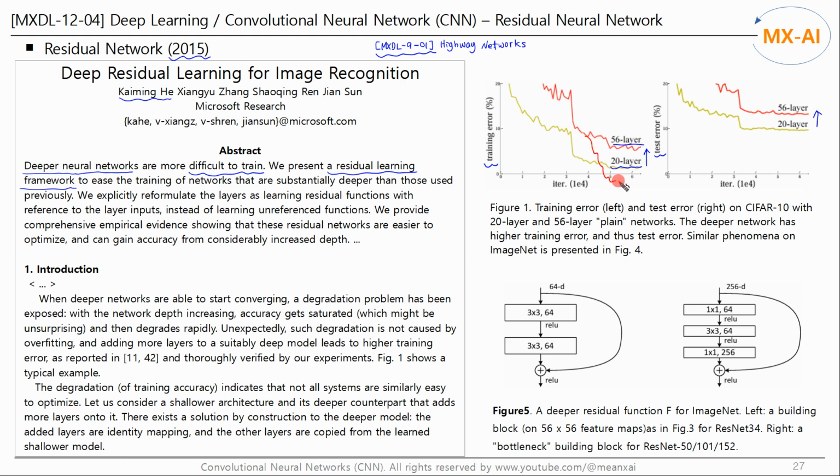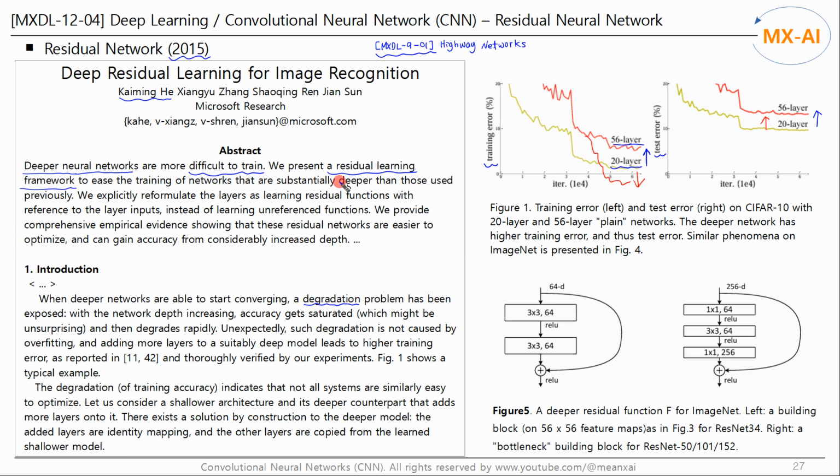If the training error is smaller but the test error is larger, this may be due to overfitting. However, this case cannot be considered overfitting because the training error of the deeper model is also larger than that of the shallower model. This phenomenon is called degradation in deep neural networks.